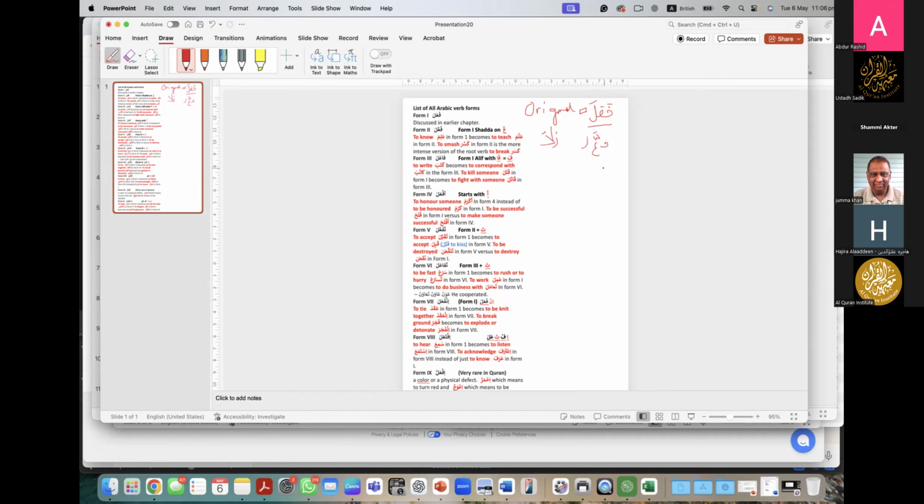And then what happens with form 3? Fa with alif. Fa'ala. So everything remains same from fa'ala except the letter alif is added to fa kalima. Okay. Form 4, what's the difference?